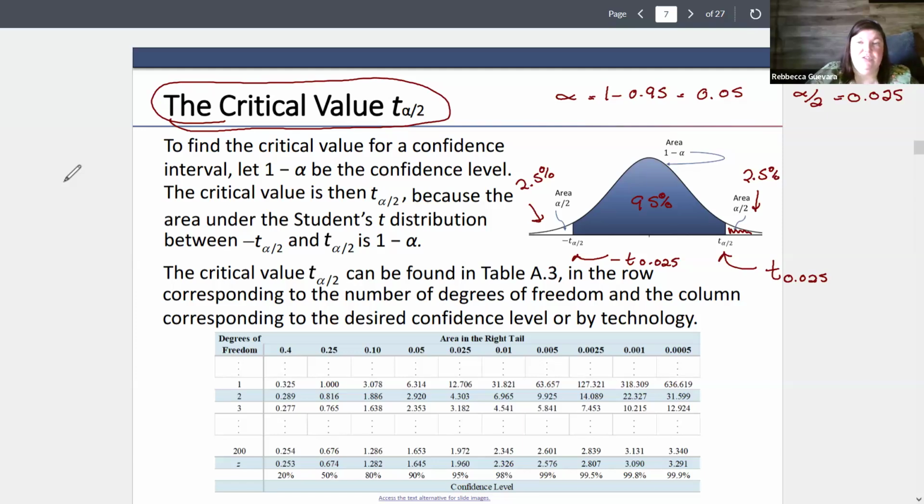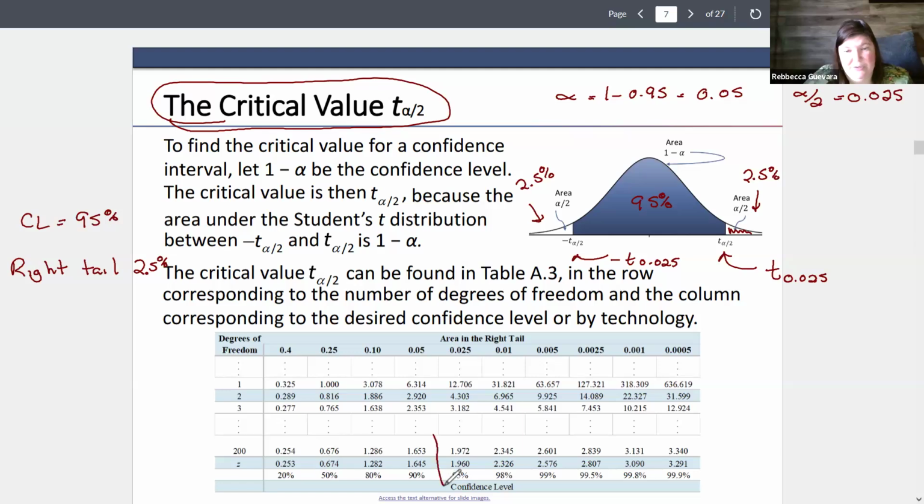All right. So if we're trying to figure this out, you're going to have a table that looks like this. Let's say we had a confidence level of 95%. This area in the right tail is going to be 2.5%, and we were trying to figure out what my t-scores are.